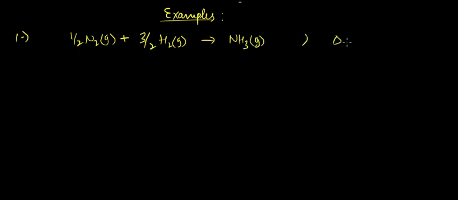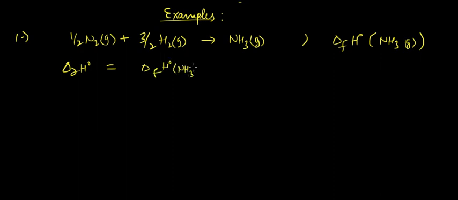So in this case delta_f H naught of NH3(g) would be the enthalpy of formation of the product, and now we'll write the equation that delta_r H naught is actually equal to delta_f H naught of NH3 minus 1/2 delta_f H naught of N2 minus 3/2 delta_f H naught of H2.